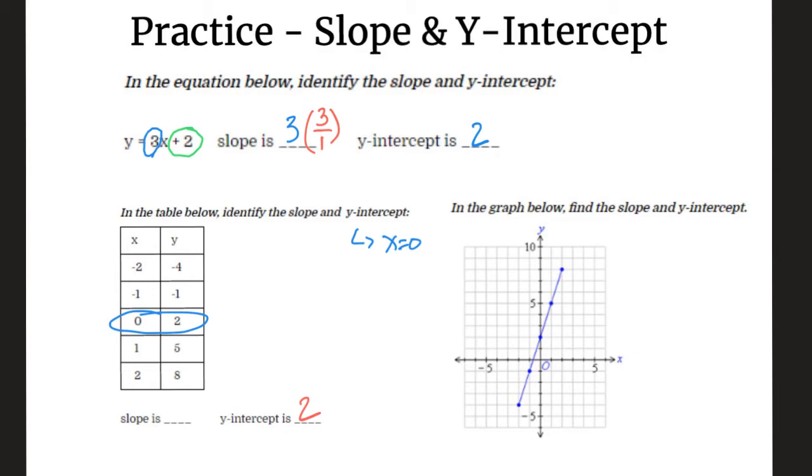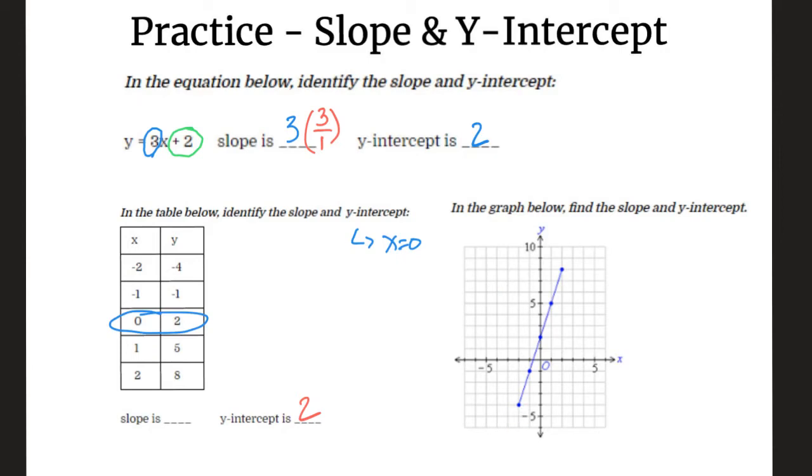Well, we know that our slope is rise over run. Now, when we say rise, we're talking about going up and down the graph. I'm just going to use this graph over here. So when we talk about rise, we're going up and down the y-axis. Not necessarily on the y-axis, but how far up in the y values did we go, or how far down in the y values did we go?